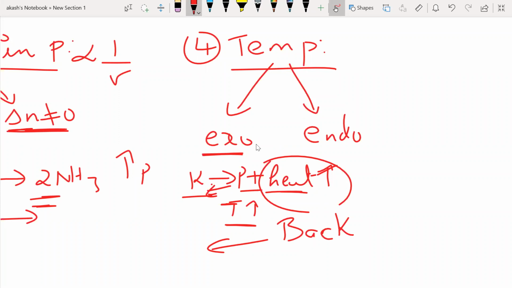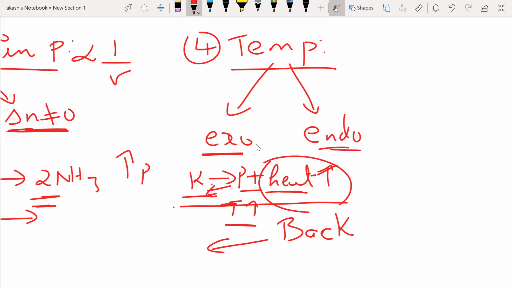It makes sense, isn't it? Or you can see it this way: reactants giving products plus heat. So when you increase temperature, heat increases, and considering heat as one of the products, the amount of products is increasing. So obviously it is going to move in the backward direction.